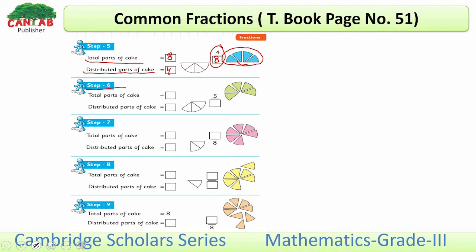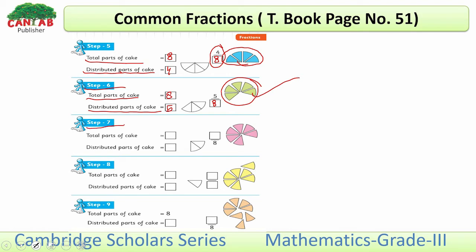Now in step 5, she is serving one by one. Each person will get 1 part of the cake. So distributed parts of cake, how many? Now 5, here 8. So the fraction will be 5 over 8. Look here, these parts are distributed.